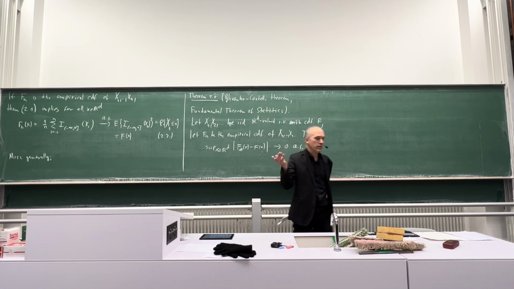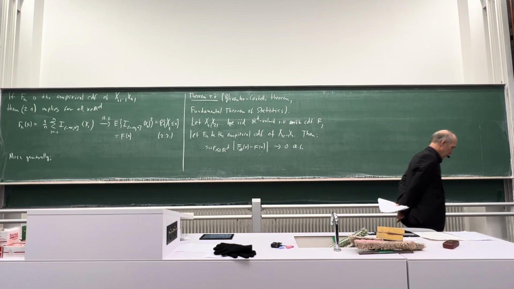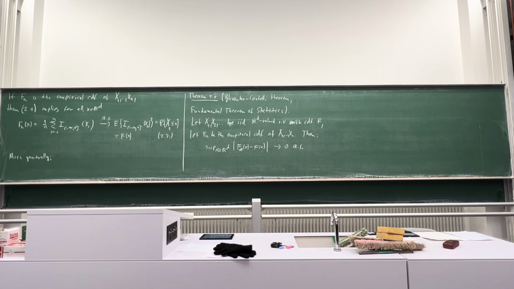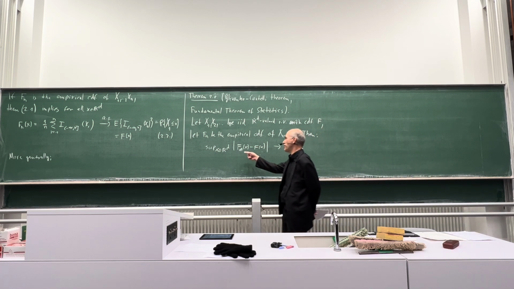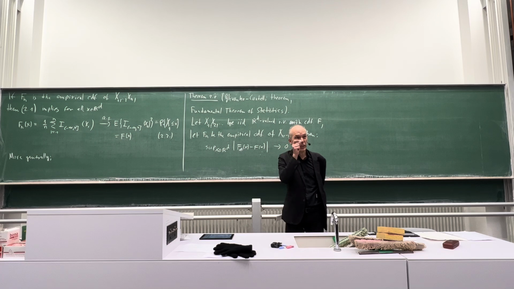It's monotone and bounded, I think, is enough. And the continuity from the right you also need, and then you can show that you even have uniform convergence. But it's a little bit technical to make it in this way.